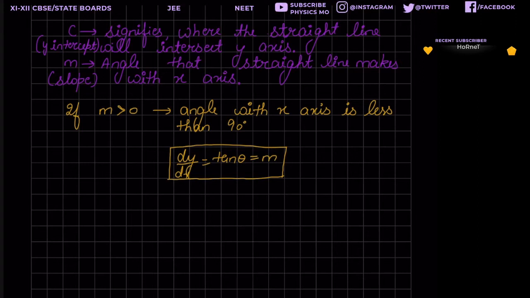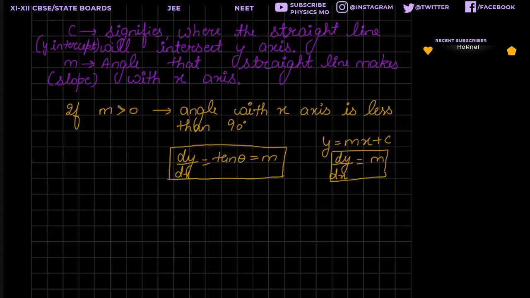Even that can be discussed here, that if you have equation of a straight line as y is equals to mx plus c, and you differentiate this equation, the value you will get is dy by dx, and that will be equals to m remains as it is, x का differentiation 1 हो जाएगा और c का differentiation 0 हो जाएगा, because that is a constant. That means this dy by dx is basically equals to m.